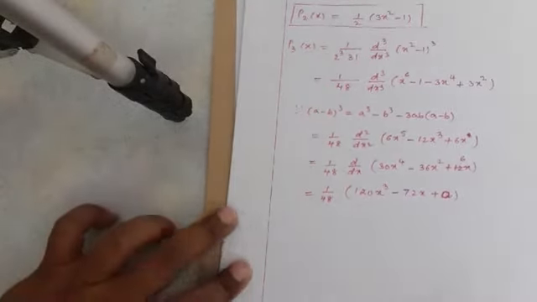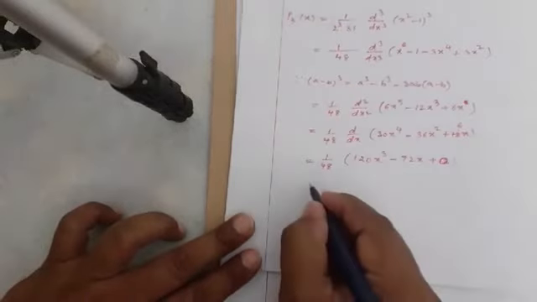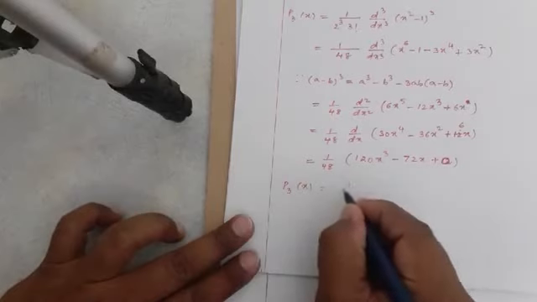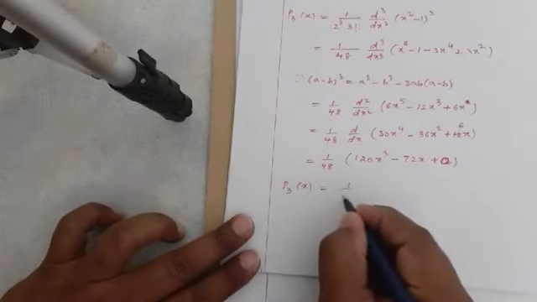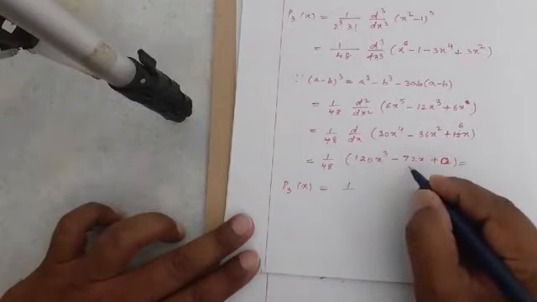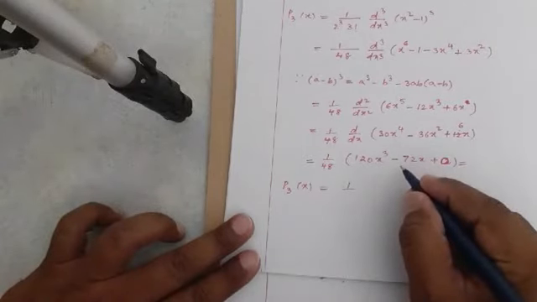Okay, now this P3 of x will be 1 upon, when you take common here, you can take 6 common.